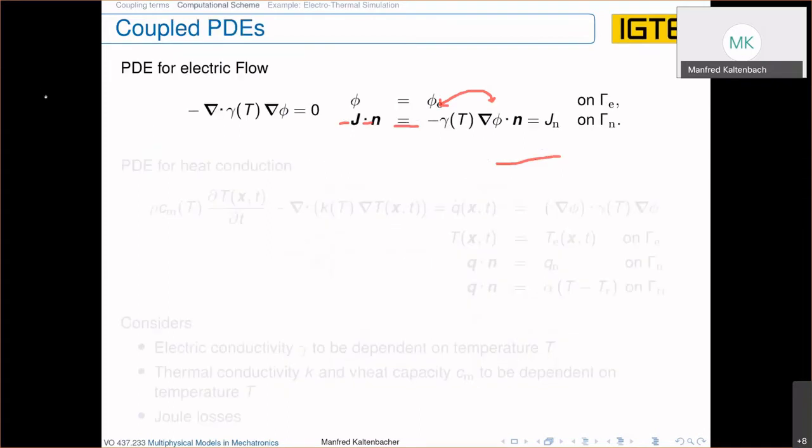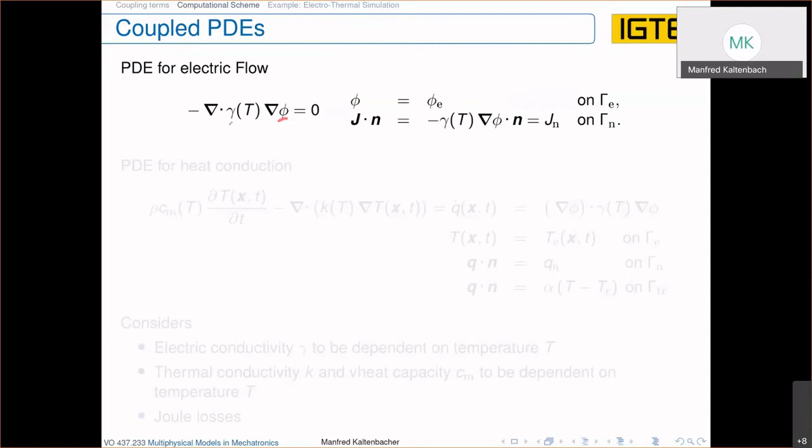Okay, so when we now look to our equations, we know the partial differential equation for the electric flow expressed by the scalar electric potential phi here is nothing else than a Laplace operator.